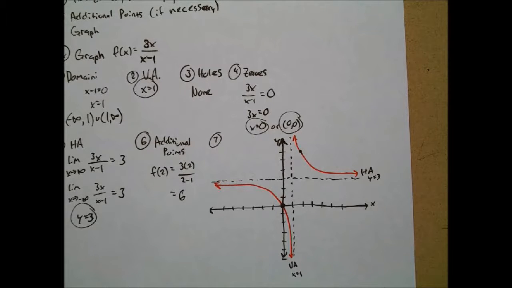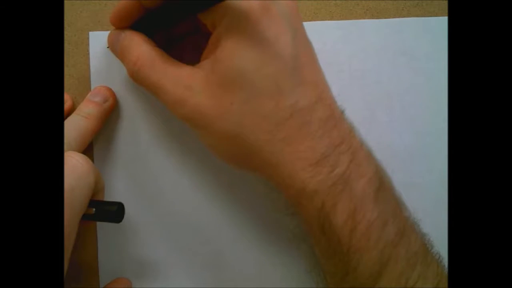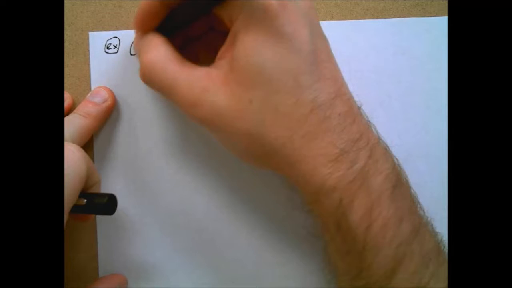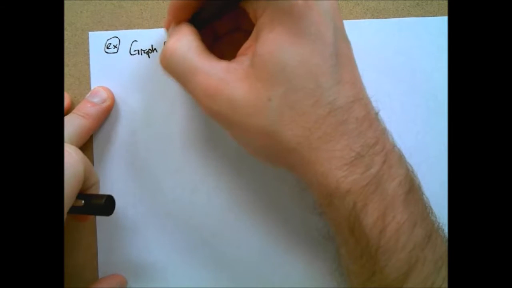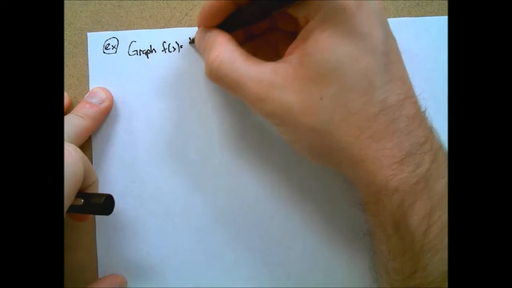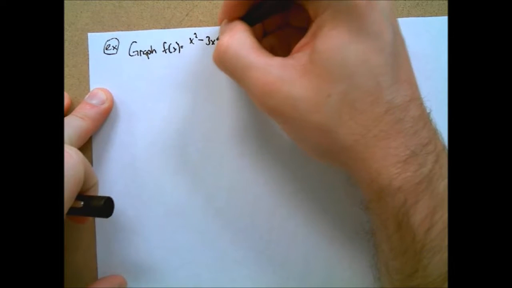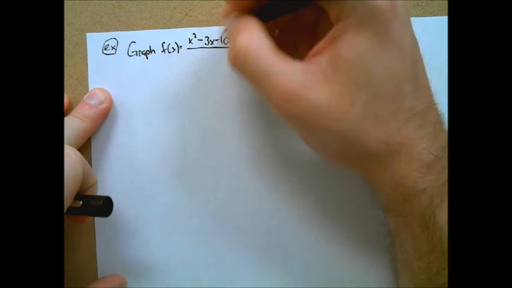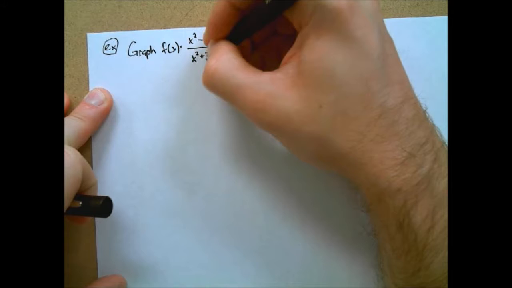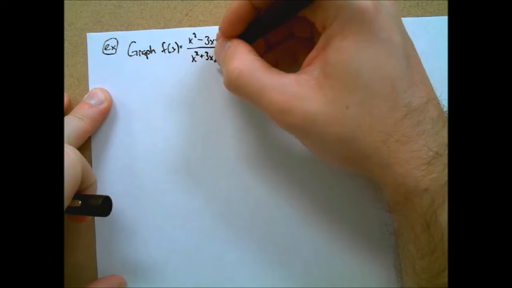All right, well, let's take a look at one more here then. Alrighty. So we're going to graph this function now. Graph f of x equals x squared minus 3x minus 10 over x squared plus 3x plus 2.